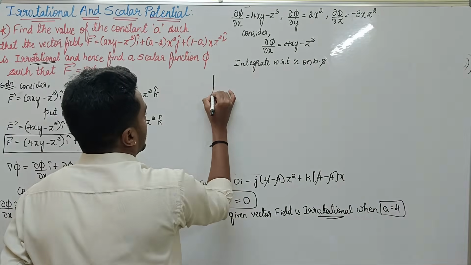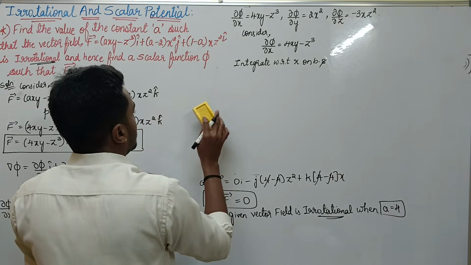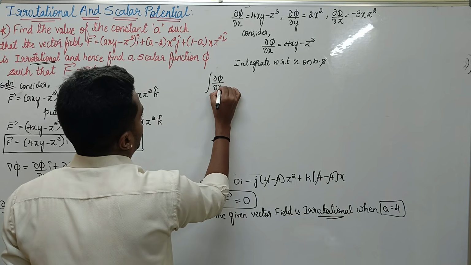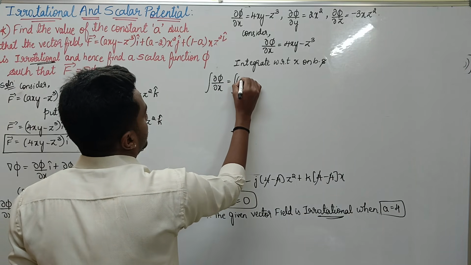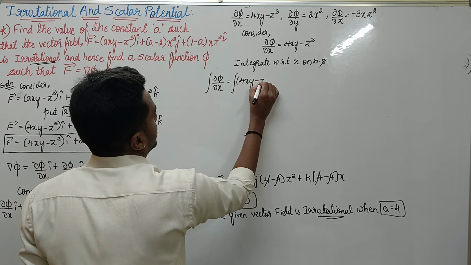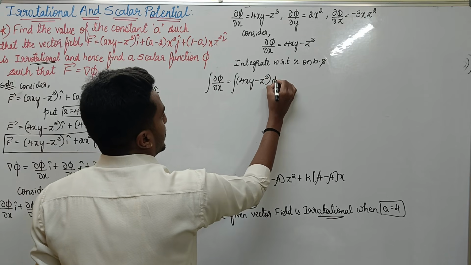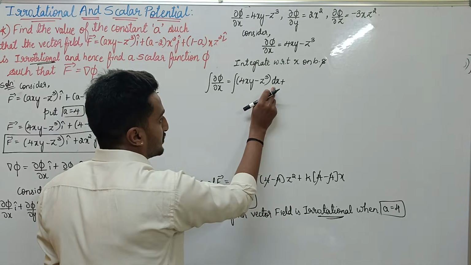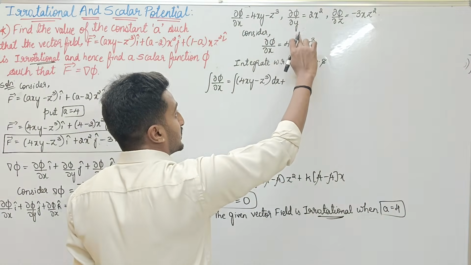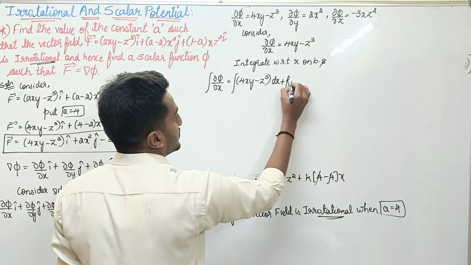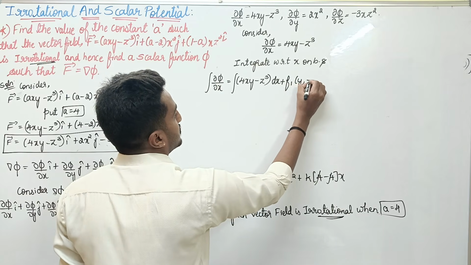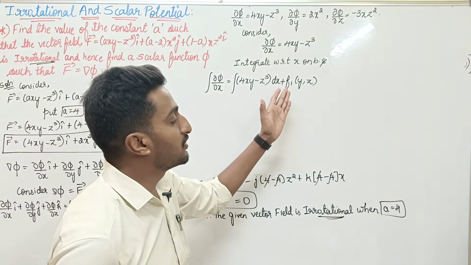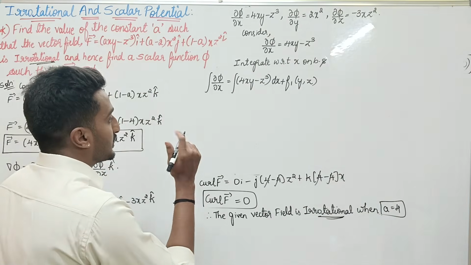That is, integral of ∂φ/∂x equals integral of (4xy minus z cube) dx plus, since I am differentiating with respect to x, I am not going to neglect y and z, so I represent the constant term as the function f1 of y comma z. Done. Now let us integrate.